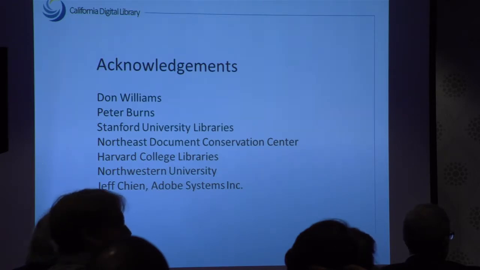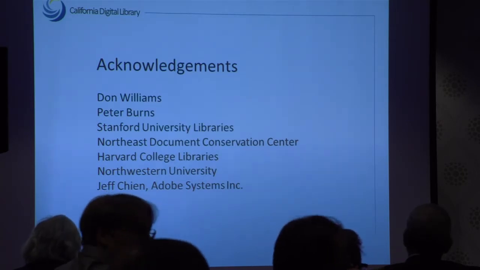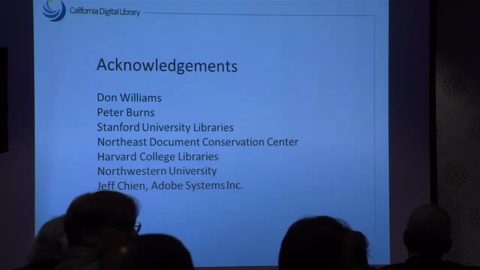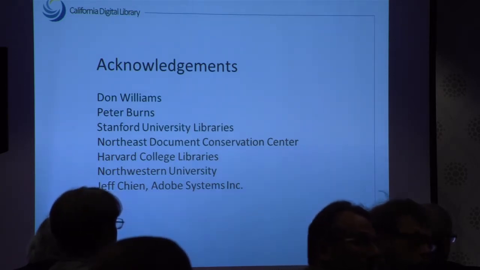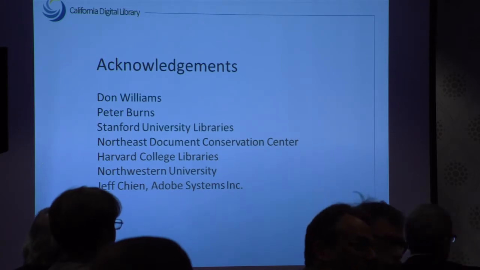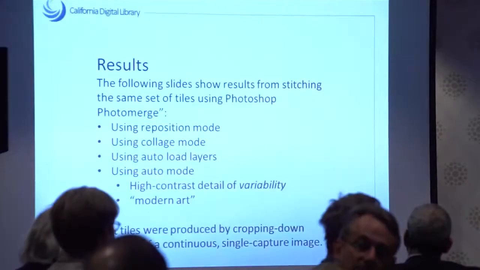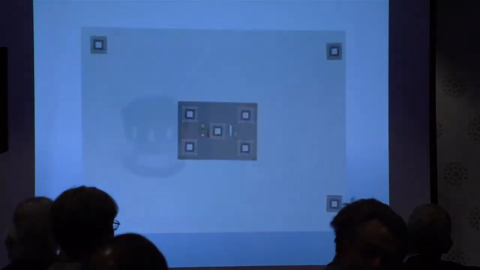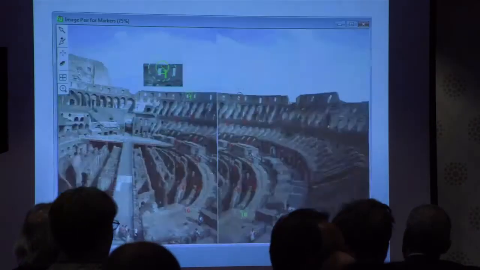I know I saw another question. So once you've got the tiles, I'm worried about the access in terms of what viewer, and then what features do people ask for in the viewer for such large tiled images? So for the viewers, we have a number of different audiences, one of which is humanities faculty and students and staff.